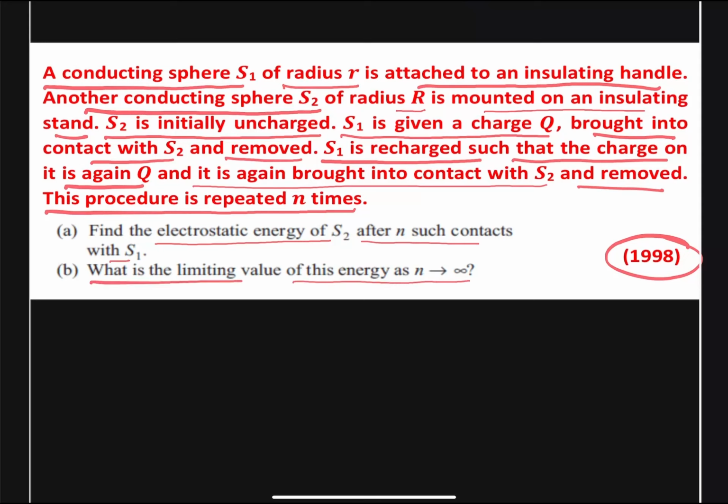Here there is continuous contact and removal of S1 and S2, and we have to remember that when S1 and S2 are in contact, the transfer of charge takes place until the potential of both the spheres becomes equal.